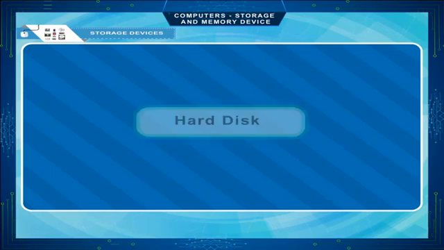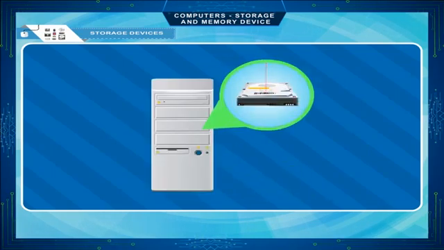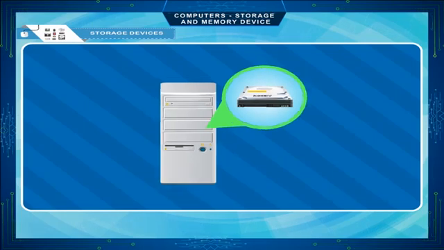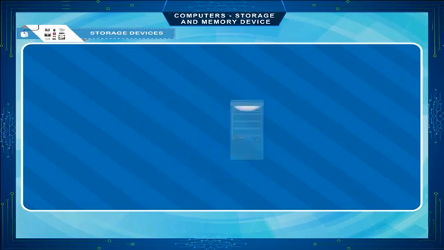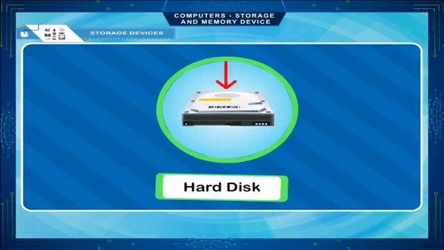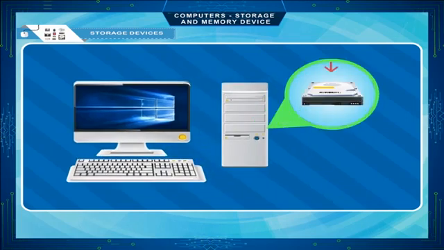Hard disk. It is a high-capacity storage device that is fixed inside the computer cabinet and contains all the software and data. The operating system remains on the hard disk only and gets loaded in computer's memory when you switch on the computer. It is an essential part of the computer.